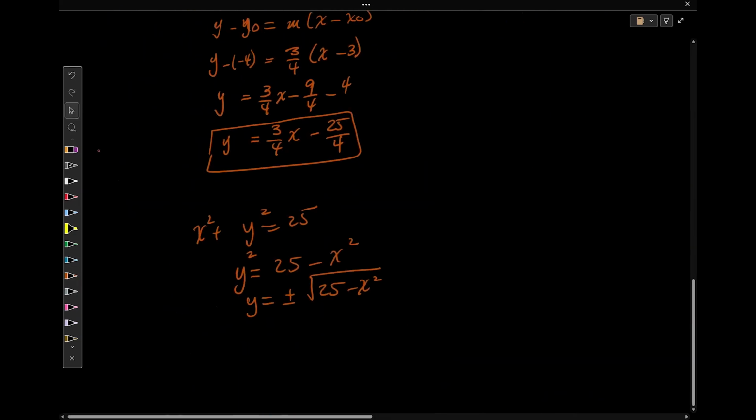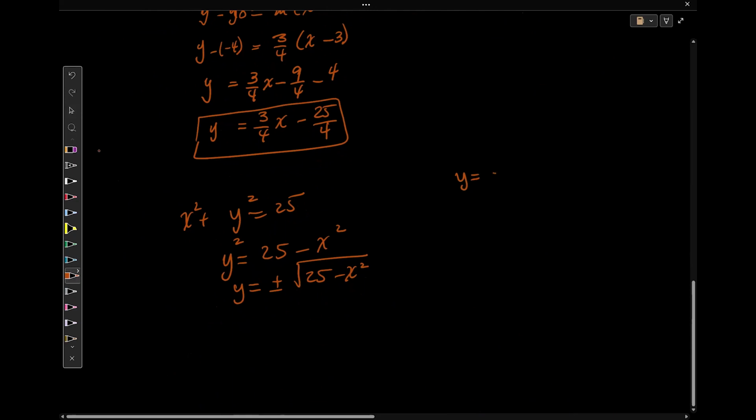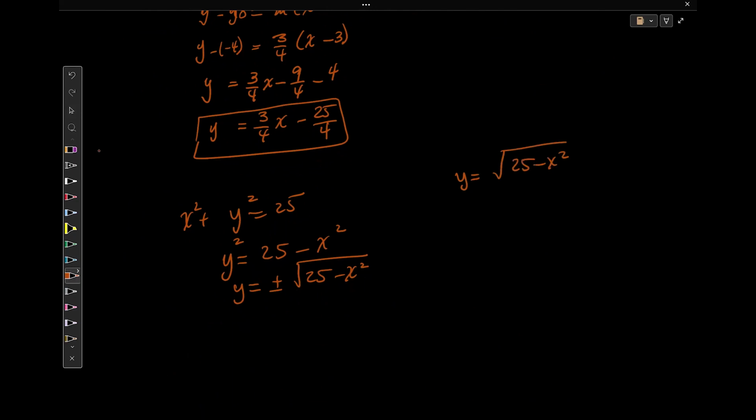If y equals the square root of 25 minus x squared, that will give me the top part. And then y is negative the square root of 25 minus x squared. That will give me the negative part.